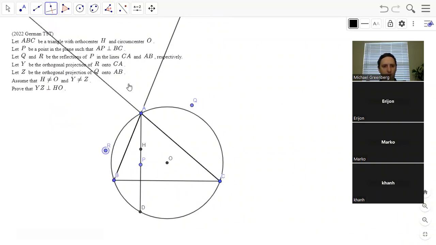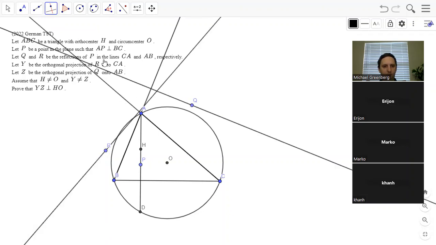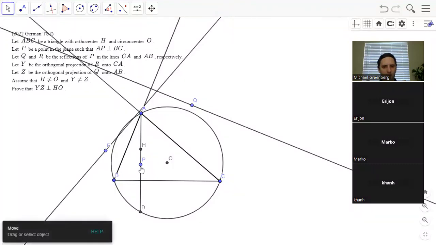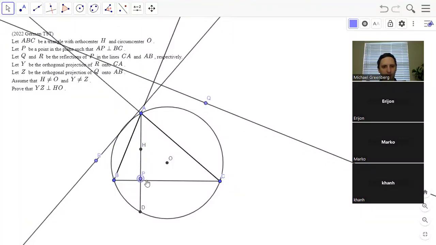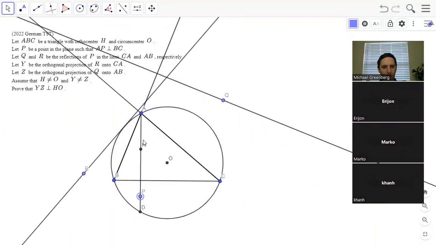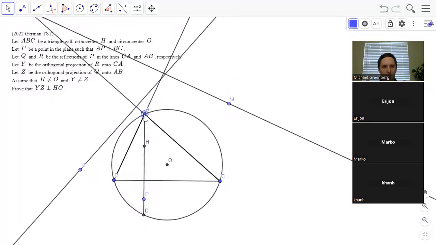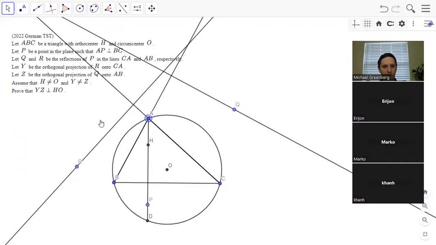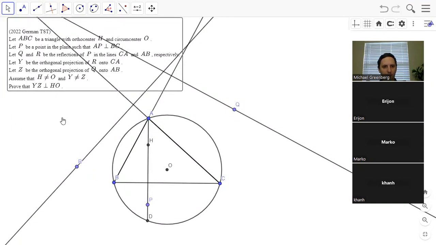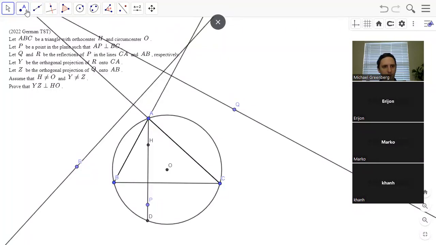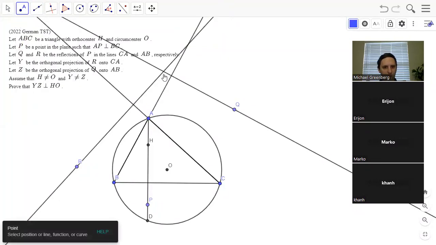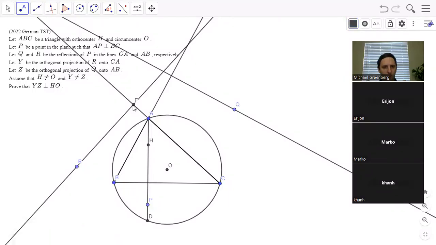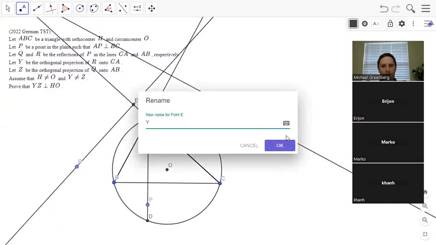All right, so R onto CA and Q onto AB. See if I can adjust this a little bit so that it's not as close to point A. So maybe more like that. Okay. And so this is Y, and this is Z.